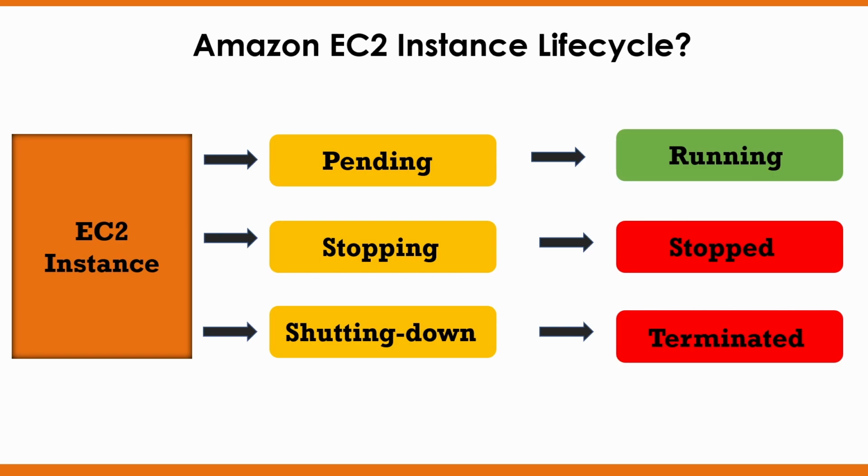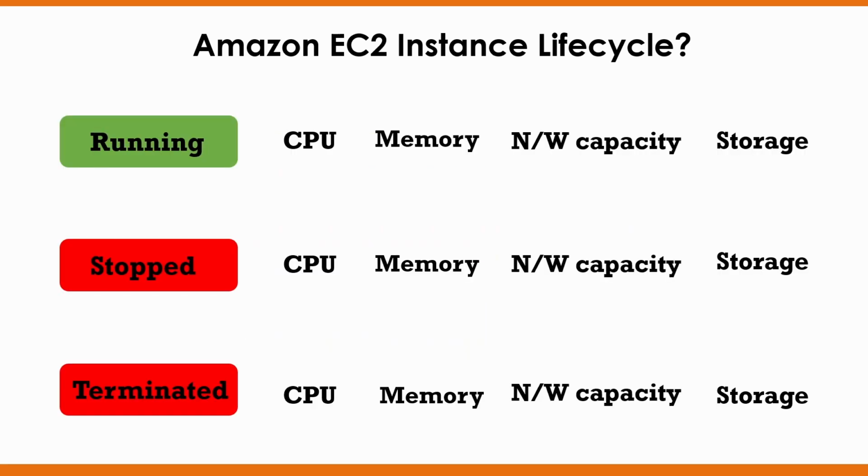Let's see the very important topic here. So EC2 instances provide CPU, memory, storage, and network capacity. And if your server or your instance is in a running state, that means you will be charged for CPU, memory, network capacity, and storage.